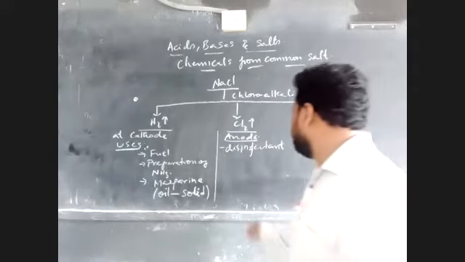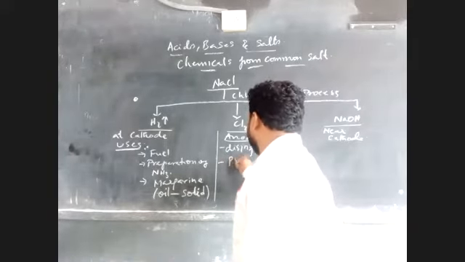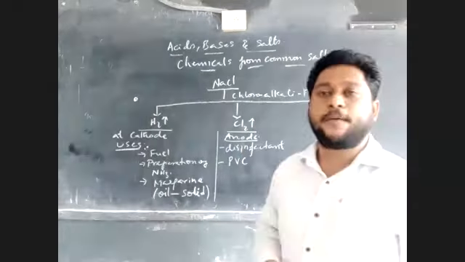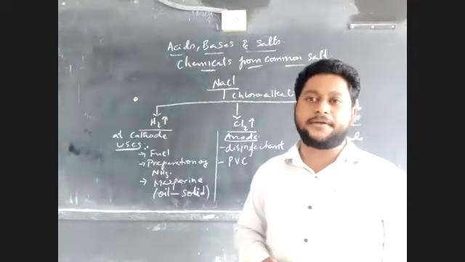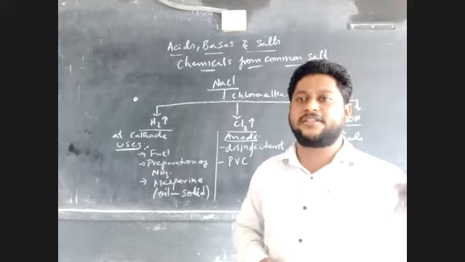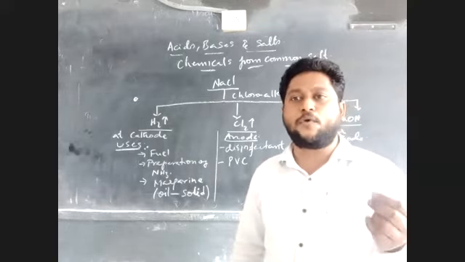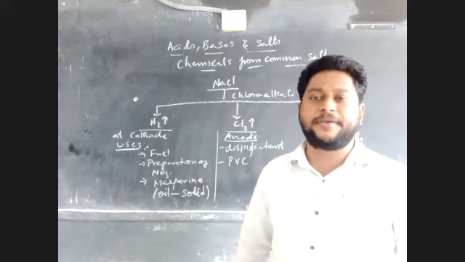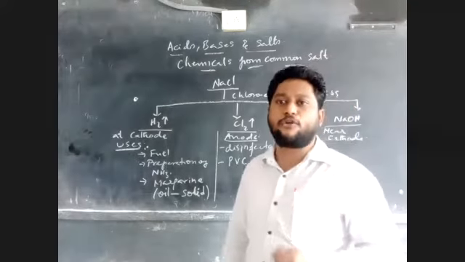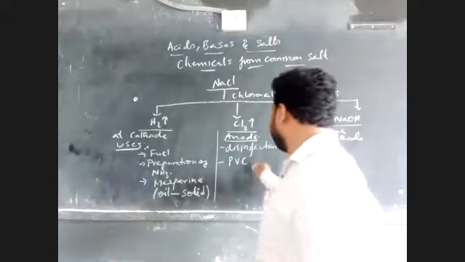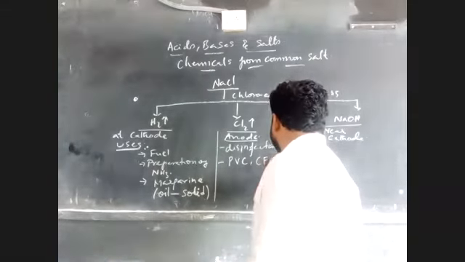And it is also used in the preparation of PVC, that means polyvinyl chloride. You can see the PVC pipes, the current pipes or the water pipes in the garden, PVC, polyvinyl chloride, and it is also present in CFCs.